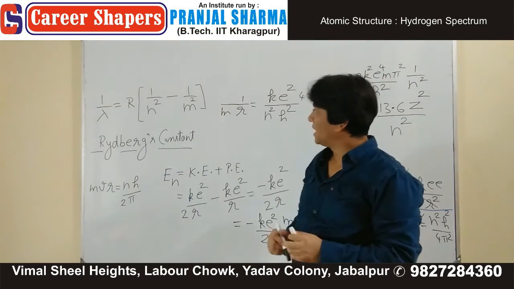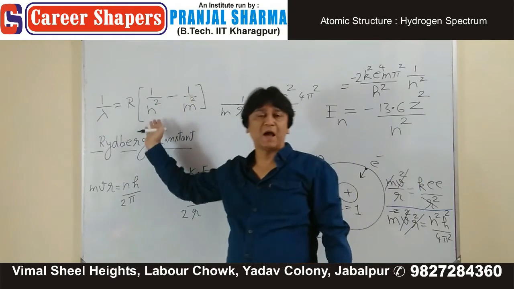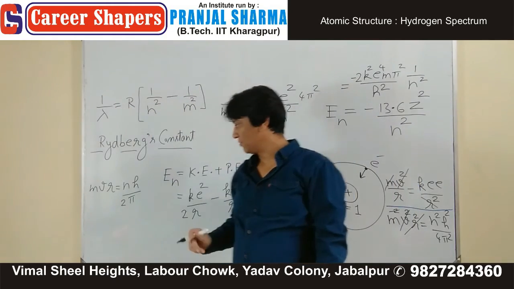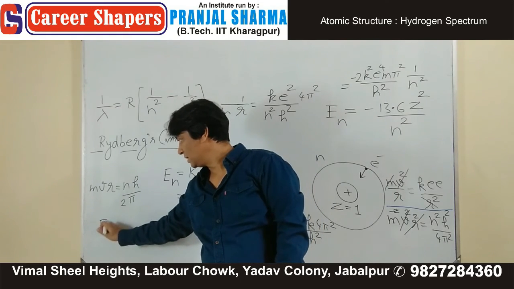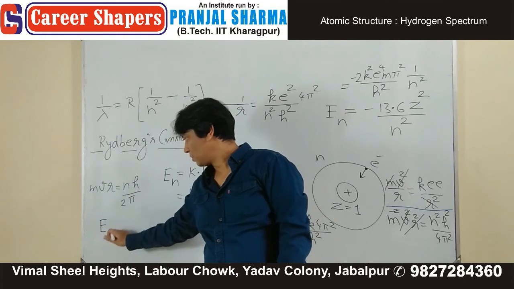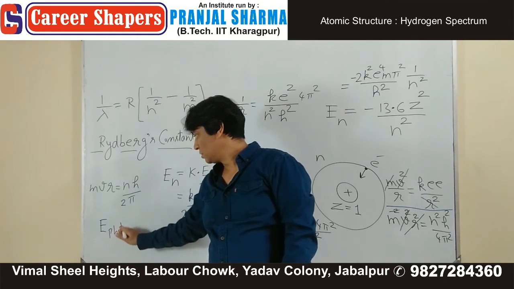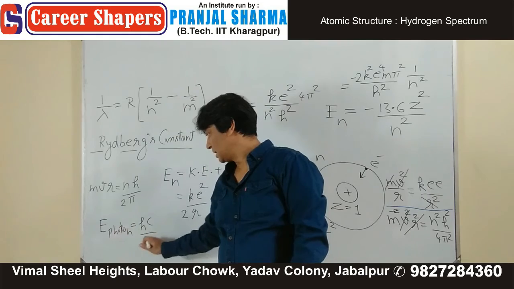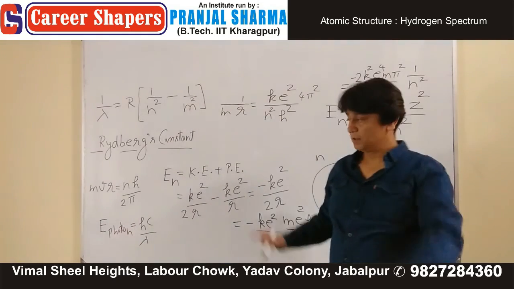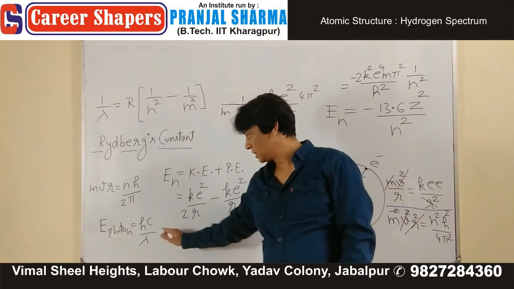So wherever we are writing that minus 13.6 type of thing, we are doing basically E of the photon. What is E of the photon? hc upon λ. That is the energy of the photon.